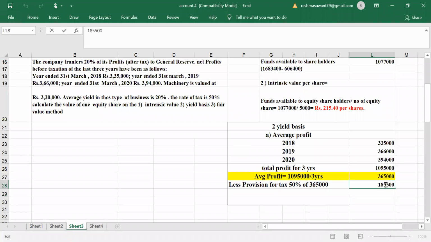My mistake. 1,82,500 is your tax amount. And the profit after tax is also 1,82,500.